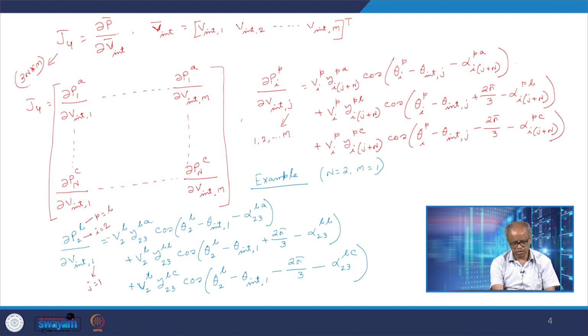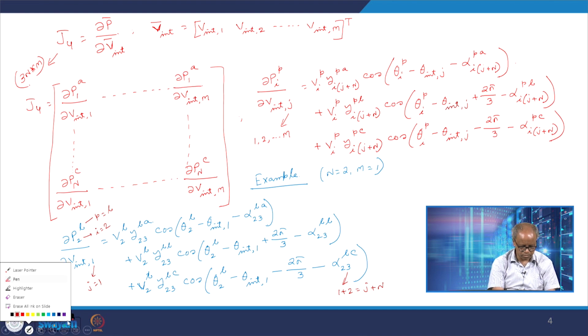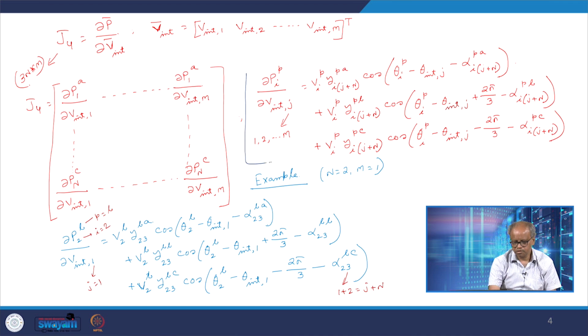So it is VIP, but when j is equal to 1 it is 2 3, so it is j plus n, 1 plus 2, so it is 3. That means j plus n, and that's precisely what we are writing everywhere. So therefore this is the expression for the general terms of J4 matrix.